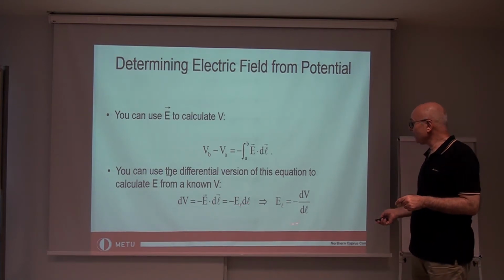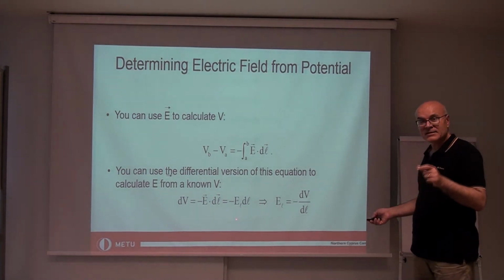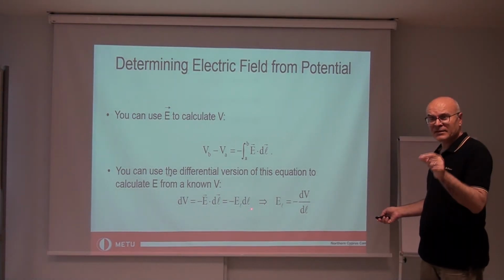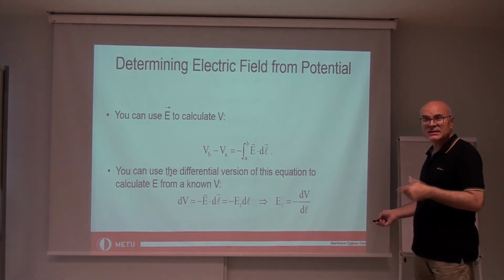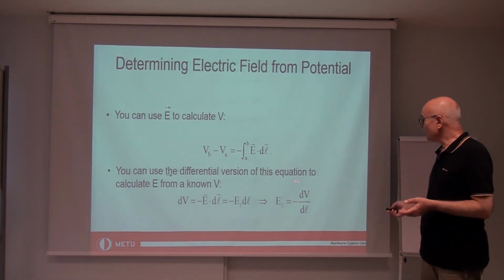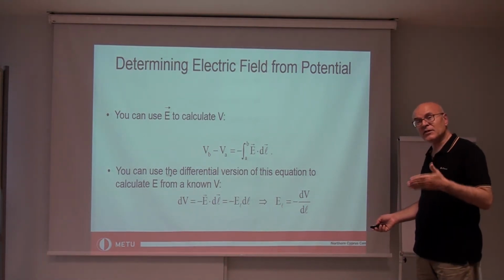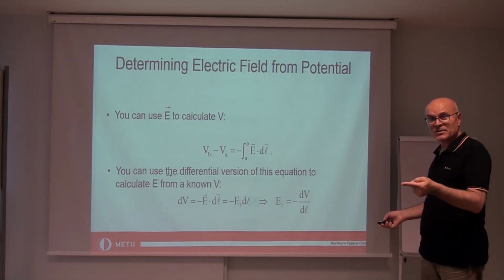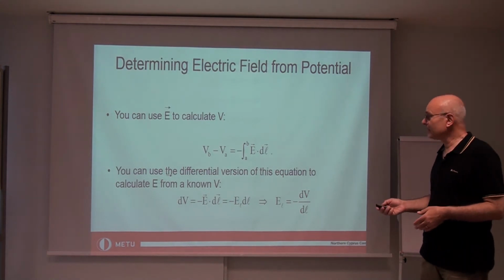Now, if you write this in this form, then E_l, the electric field in a given region, is equal to minus dV by dl in general. So this tells you that the component of the electric field along a given direction l is equal to minus the derivative of the potential with respect to that direction.